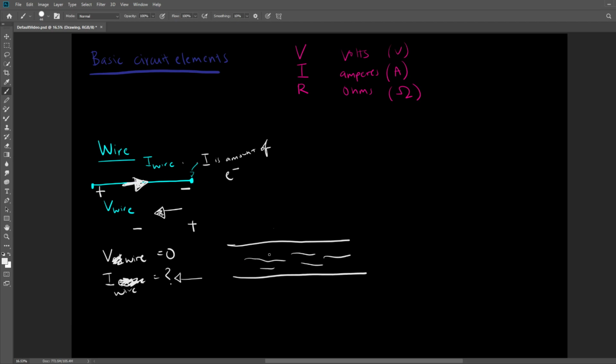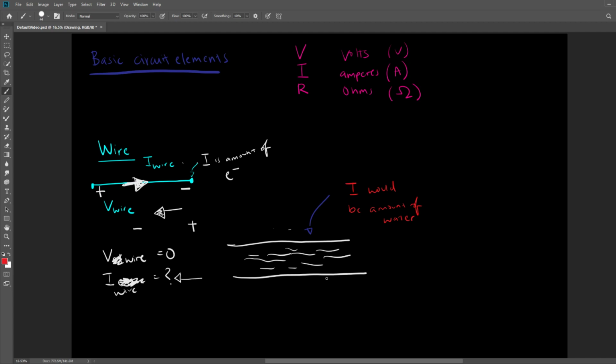If the amount of water would be represented by I, so current would be the amount of water.